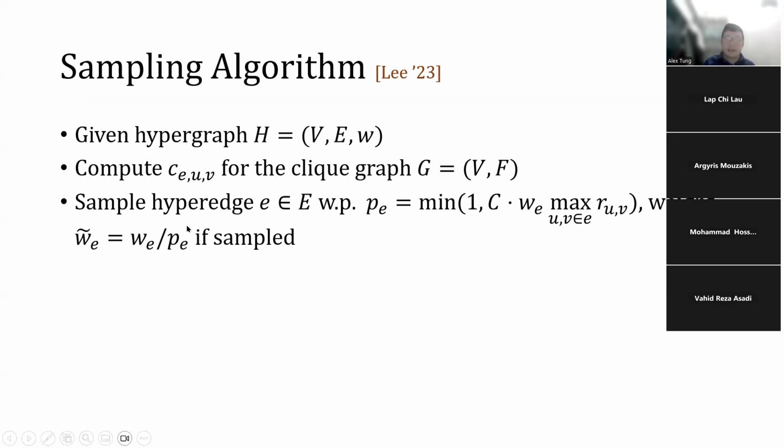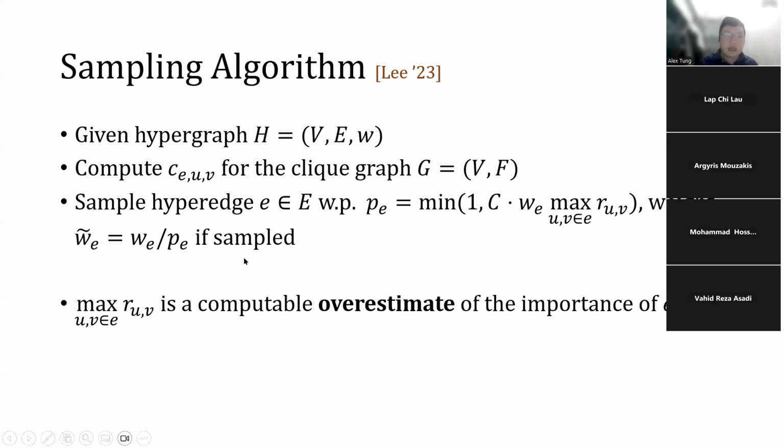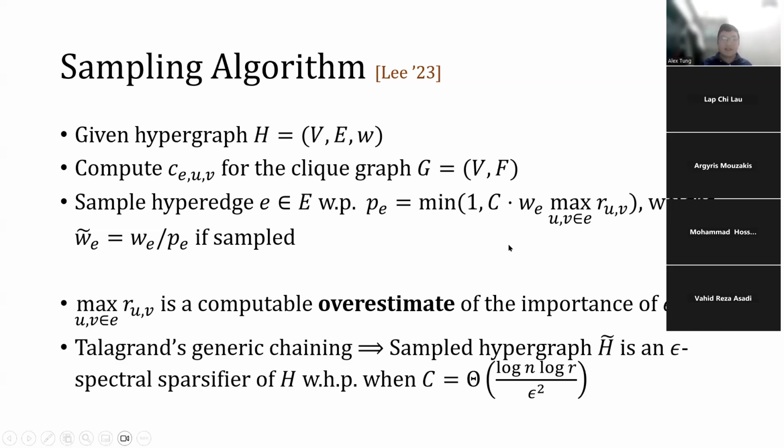Then again, you do unbiased sampling by choosing W tilde to be W divided by P. It is important to know that this maximum effective resistance is a computable overestimate of the importance of E. Using this fact and Talagrand's generic chaining method, Lee showed that the sampled hypergraph H tilde is an epsilon spectral sparsifier of H with high probability, with the oversampling rate being log n log r divided by epsilon squared.